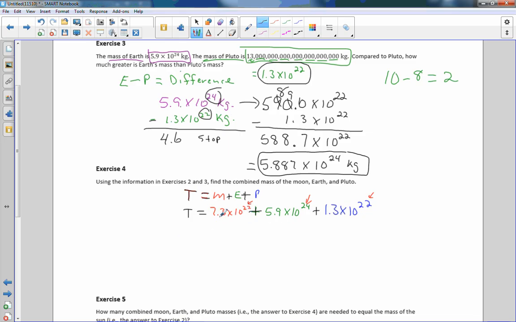All right, so I'm going to write this vertically. So I'm going to write 7.3 times 10 to the 22. 5.9 times 10 to the 24.